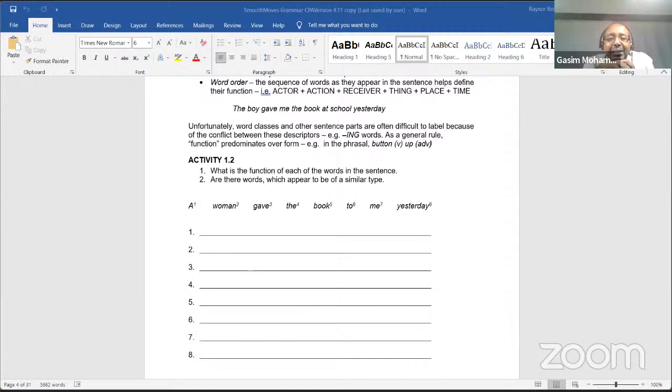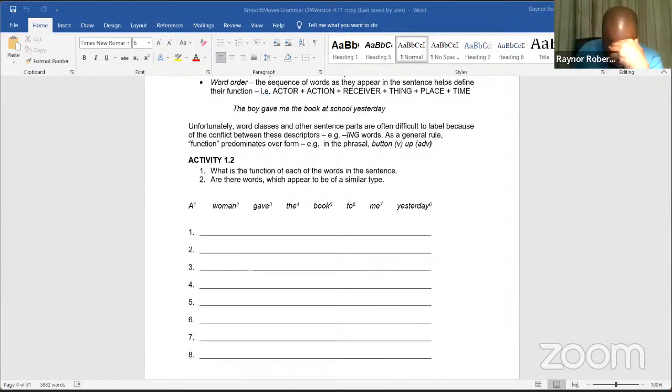So let's just know that it's one thing, not a human, not alive, a specific thing that we know, that has to do with the verb. The book.